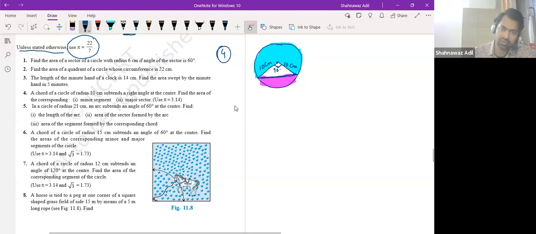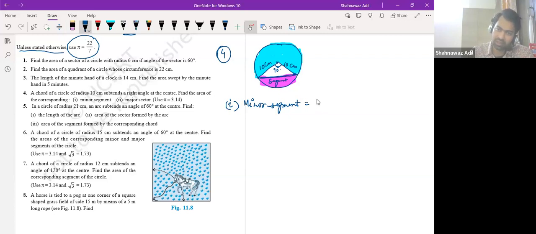For the minor segment, how will you calculate it? Minor segment will be area of sector minus the area of triangle. So minor sector minus this area of triangle.